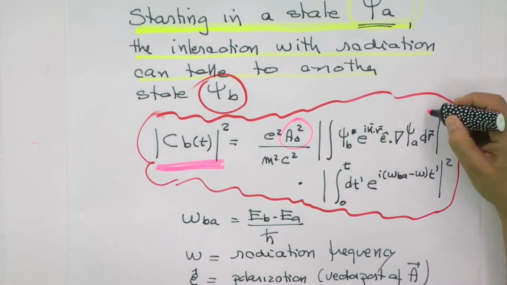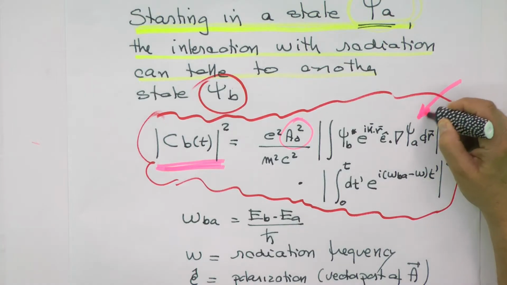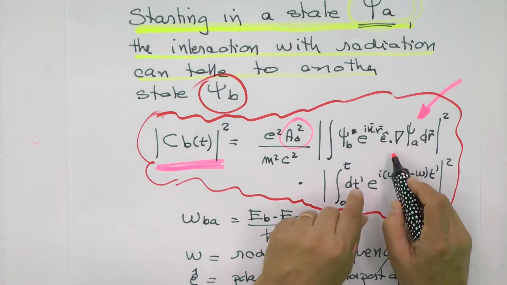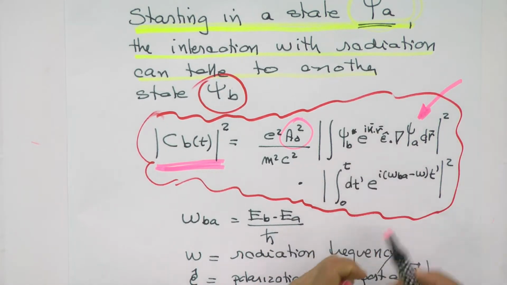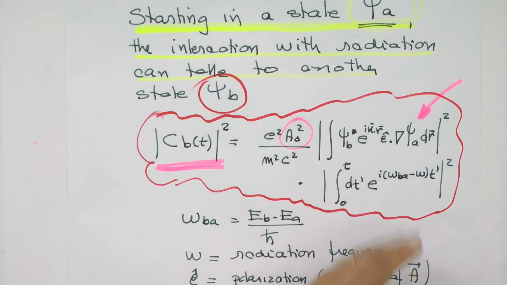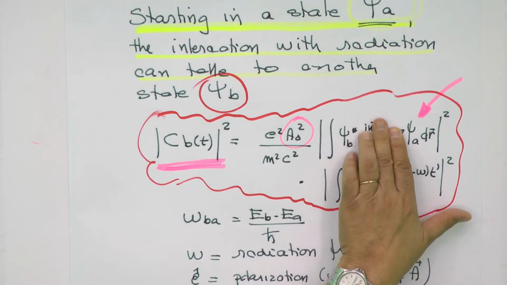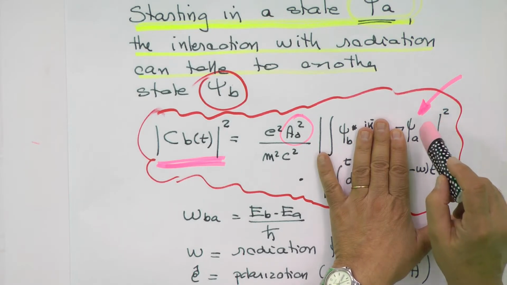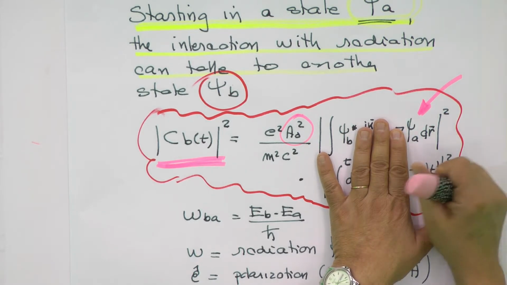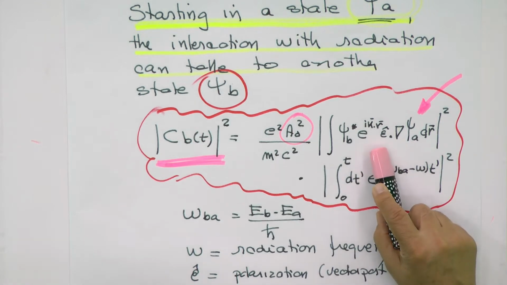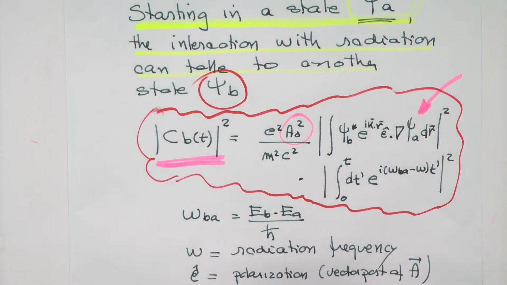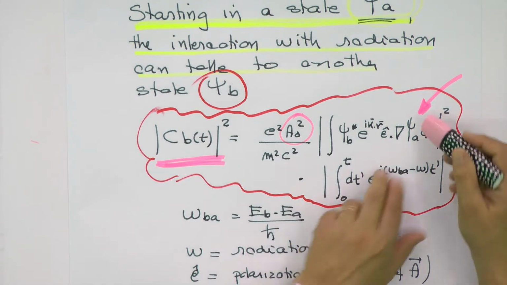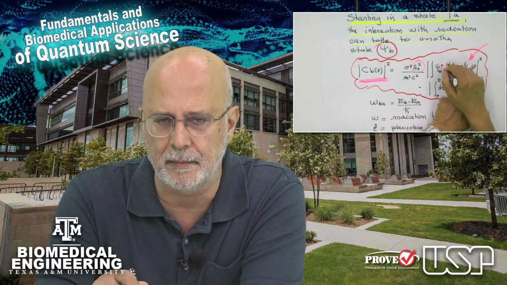Here comes the interesting part, this integral. I told you that if I don't have those terms here, this is only non-zero if A equals B. But because of the interaction, it may now change the initial state to some state B.